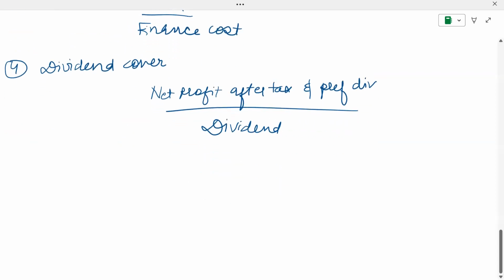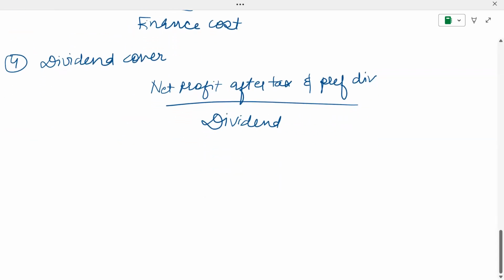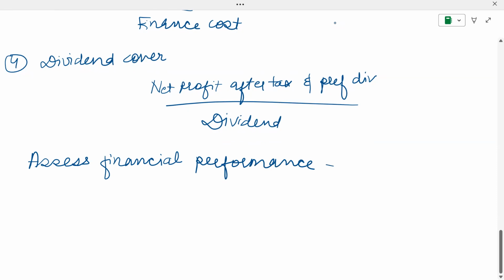Now with this, we are done with the discussion over formulas. Now let's discuss how can you assess the financial performance. Assessing financial performance. So number one thing that you're going to do is you work out the ratios, you calculate the ratios.